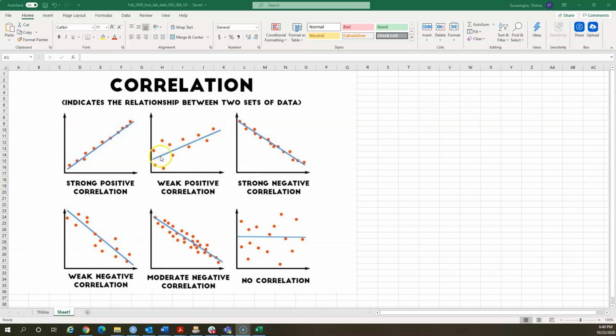They do show some sort of trend line, but the fit is not as perfect as in the previous case. So we say there is a positive correlation, because when x increases, so does y, but it's weak. The data points don't form a clear-cut trend. That's why I say it's weak.